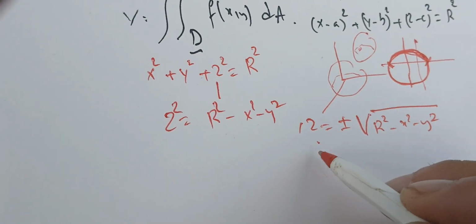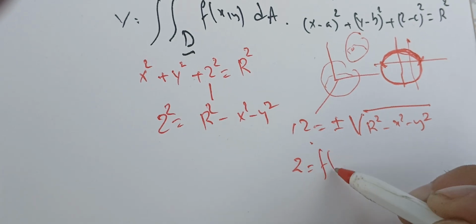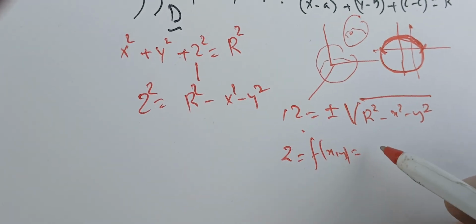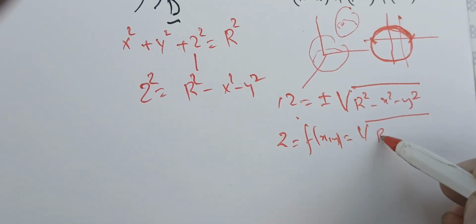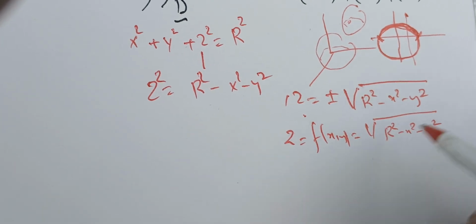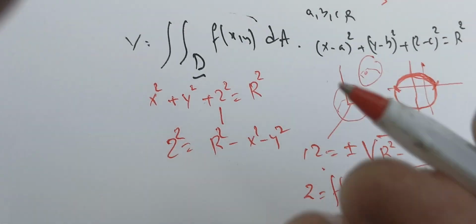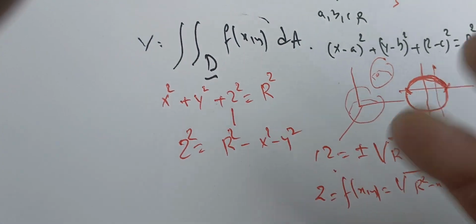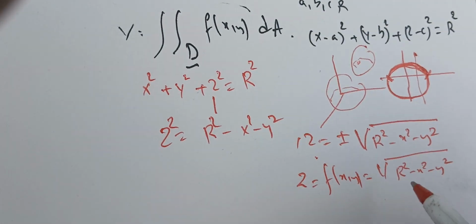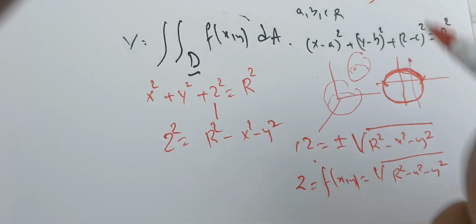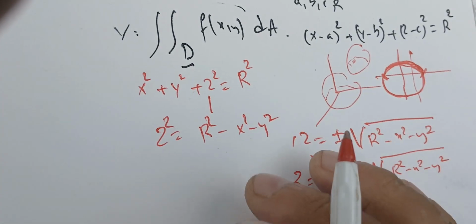Now for us, we're going to take z, which is going to be the function f of x, y, as the square root of r squared minus x squared minus y squared. So first, we're going to find just half the volume of the sphere. When we find half the volume, we have to multiply that by 2 to get the whole volume of the sphere.